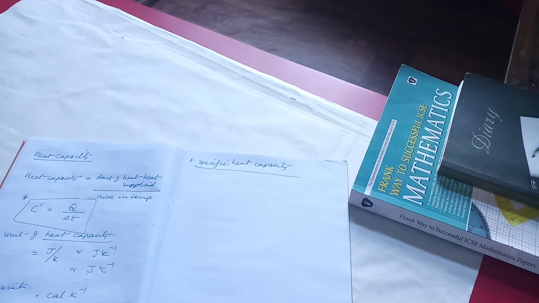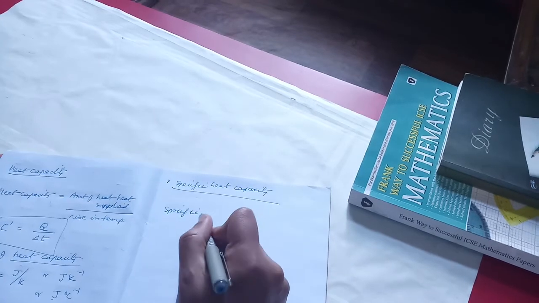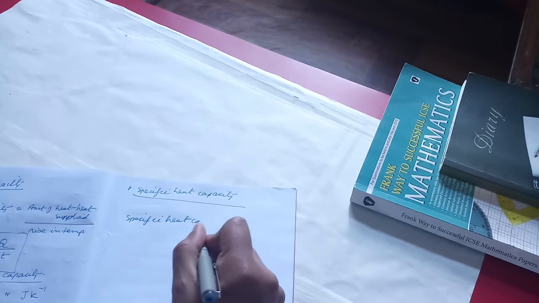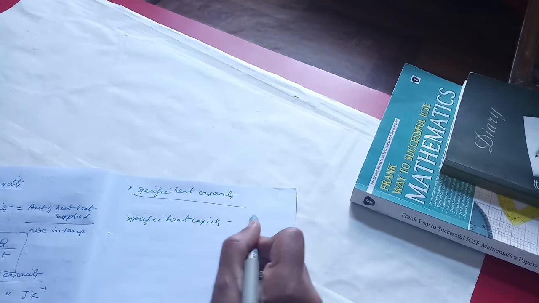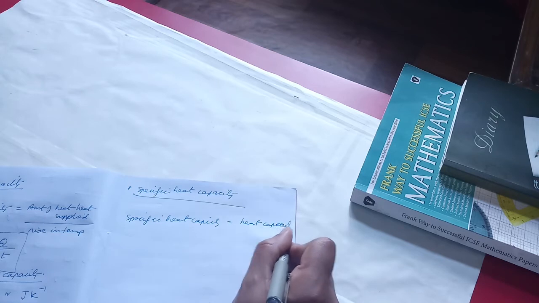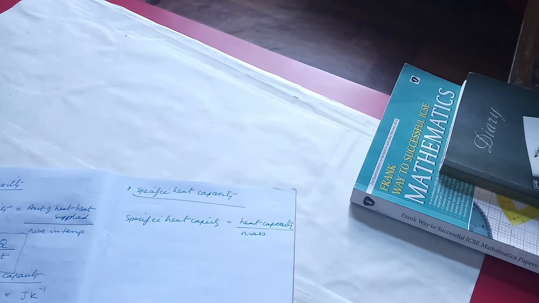So we can write it like this: specific heat capacity is equal to heat capacity divided by the mass of the body. So the quantity mass is added here.